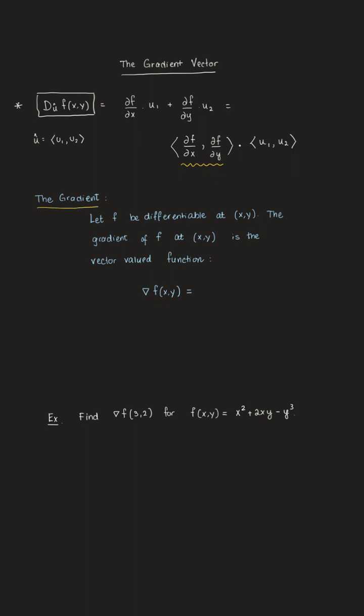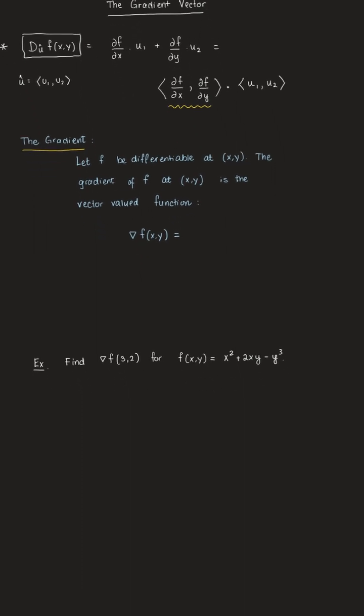The gradient of f, given that f is a differentiable function at x, y, is a vector-valued function. So this is a vector that we denote with the upside-down triangle, del f of x, y, and its components are just the partial derivatives of our surface: del f del x, del f del y.